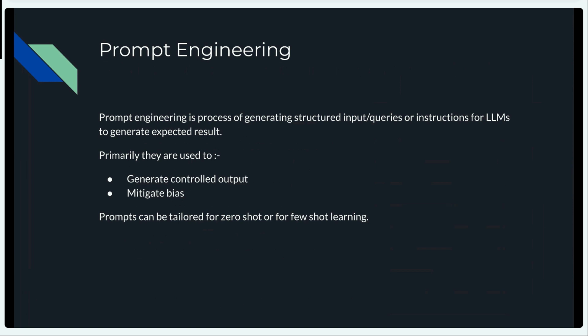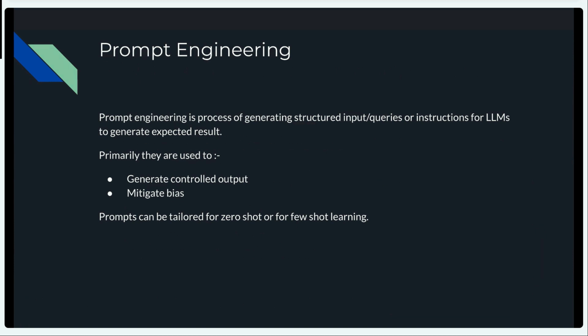However, what happens if you don't have the training data at all? In that case, you can take whatever large language model is available to you and do a little bit of prompt engineering. The goal of prompt engineering is to provide structured queries to your chat model so that you can get a tailored result.